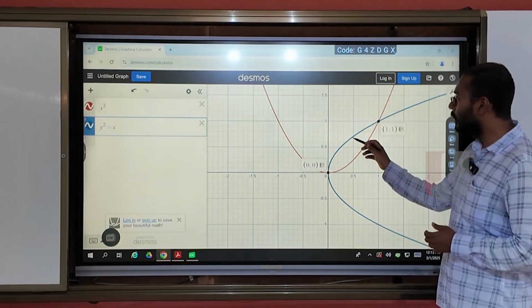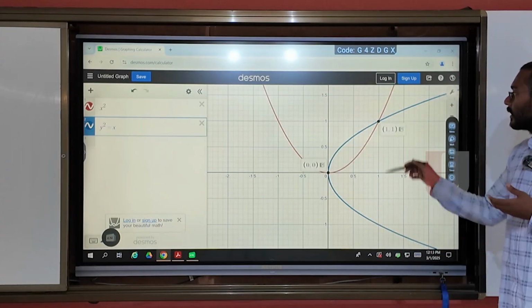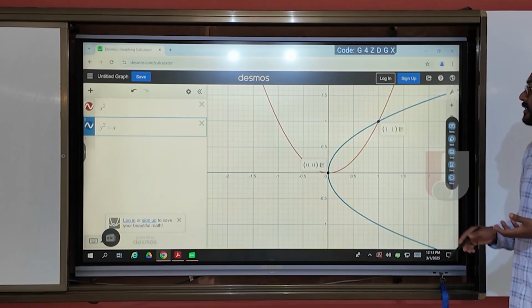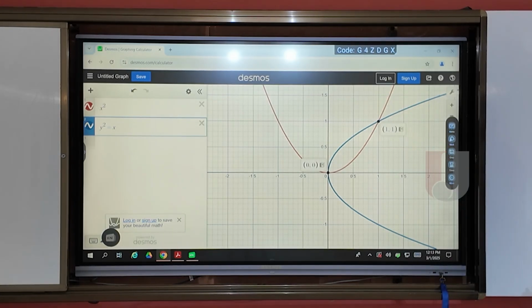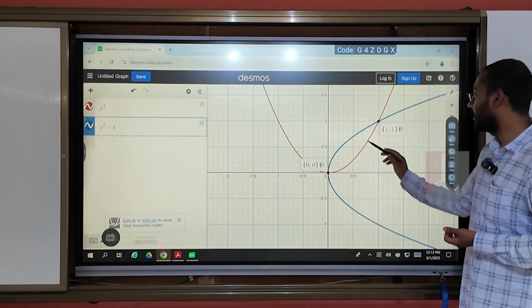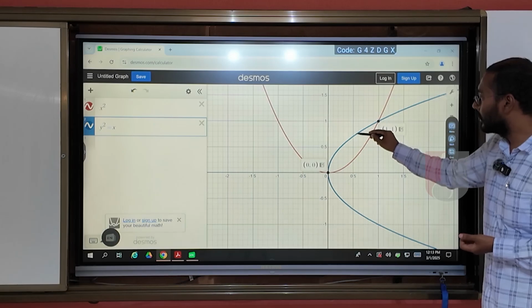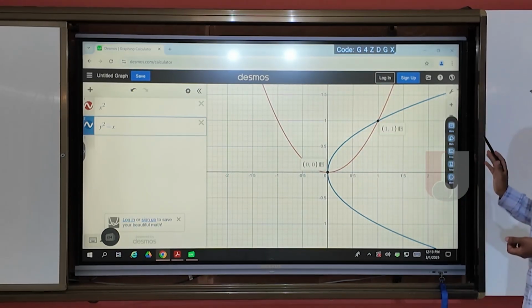Also, here the blue curve, that is y square equal to x, is above, and x square is below. So, y square equal to x dominates x square equal to y. So, we have to do the integration of that curve minus the other curve, from 0 to 1.